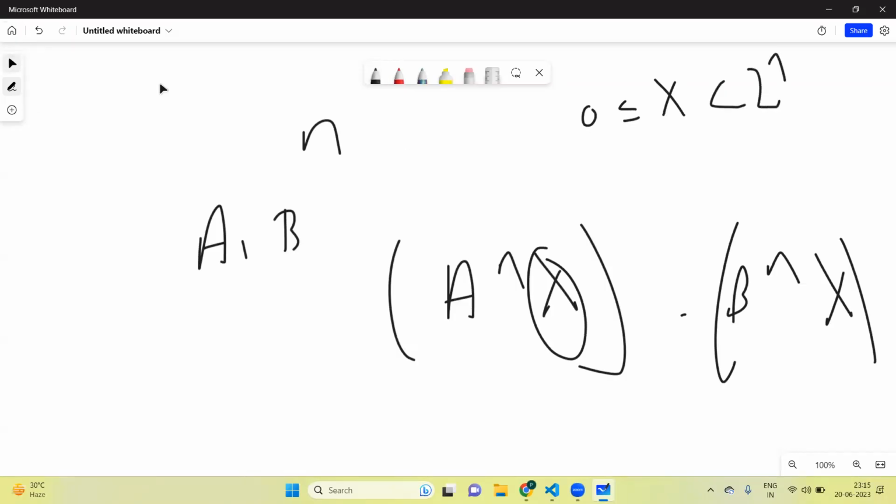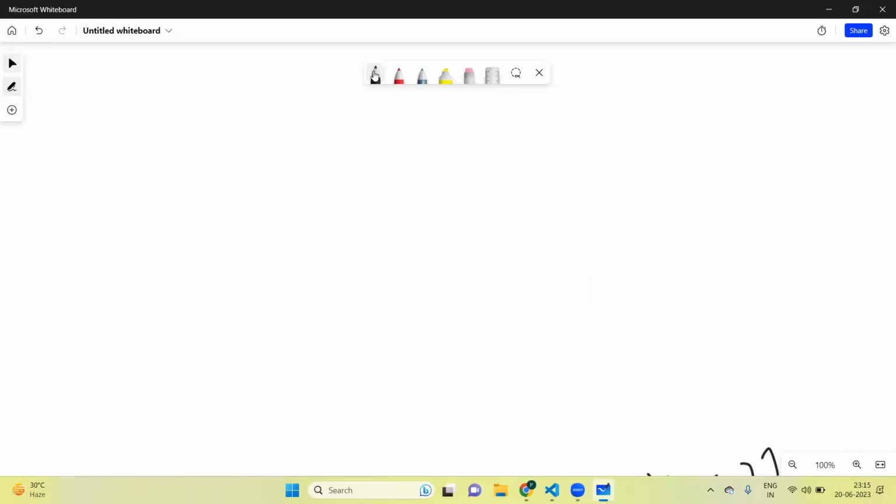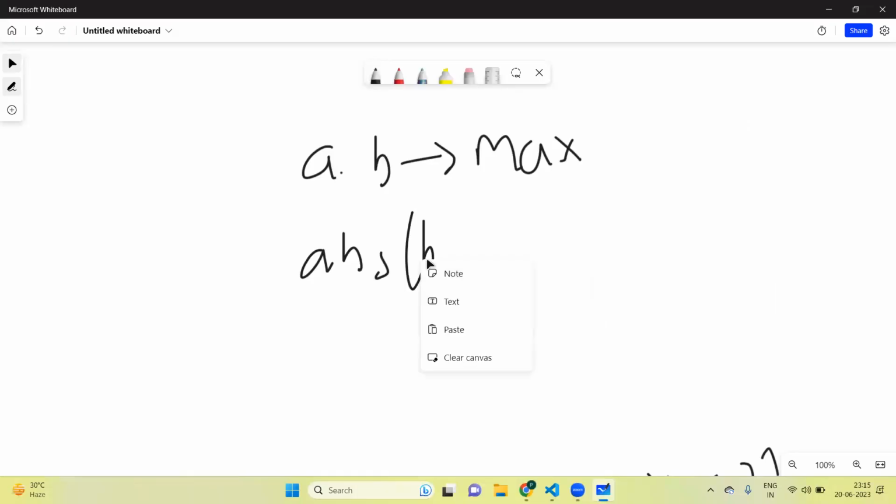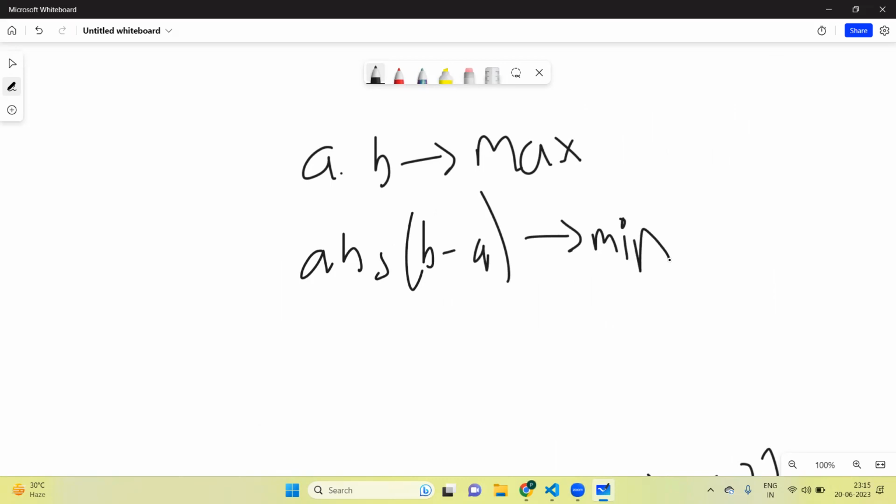So I already explained, whenever we want the product of a and b to be maximized, the absolute difference b minus a should be minimized. This is the basic condition that we have to follow.